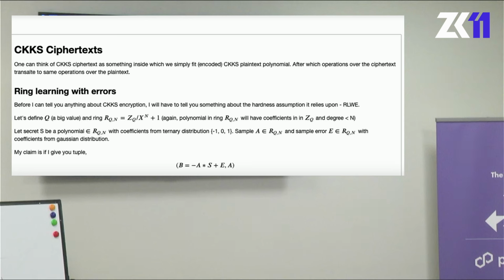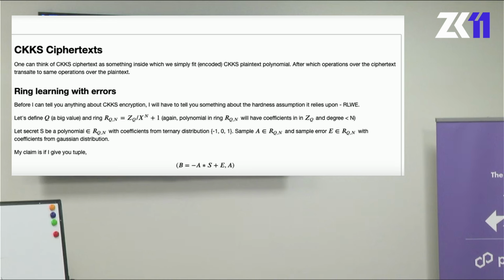In practice, it is, let's say, 2 to the power 800, a very big value. Using this Q, we create a ring of polynomials again, which I will denote as R_Q,N. What is this ring? It is Z_Q mod x to the power n plus 1. Are you familiar with what this is?